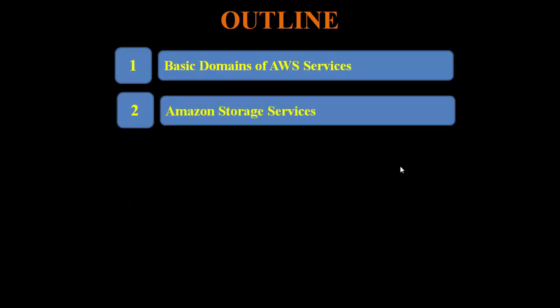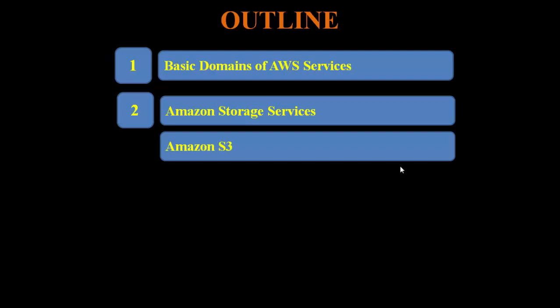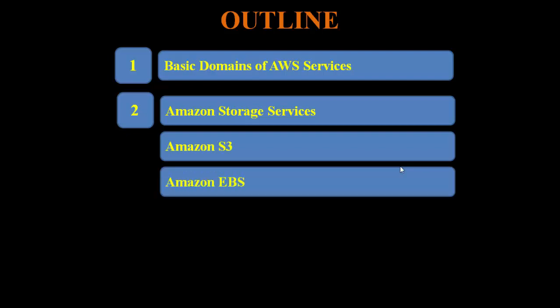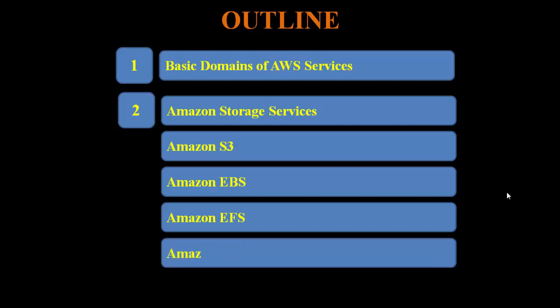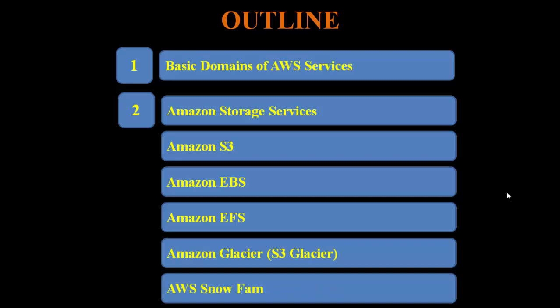In Amazon Storage Services, there are a number of services, but we will discuss very important ones like Amazon S3, Amazon EBS, Amazon EFS, Amazon Glacier, which is also known as S3 Glacier nowadays, and last, AWS Snow Family. These are all very important services which belong to Amazon Storage Services.